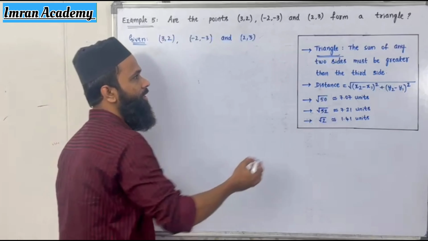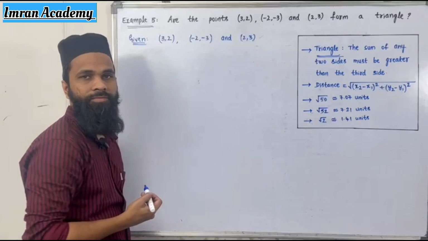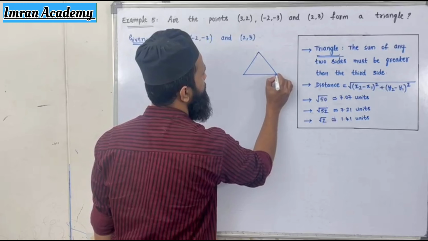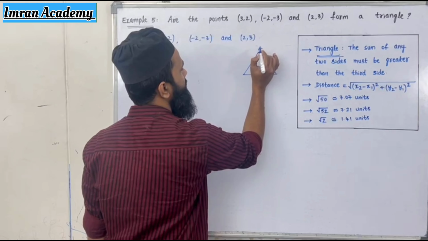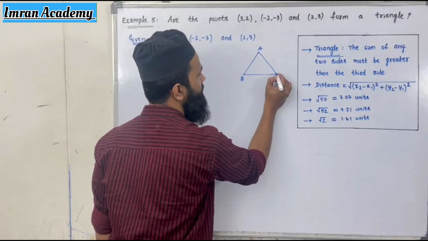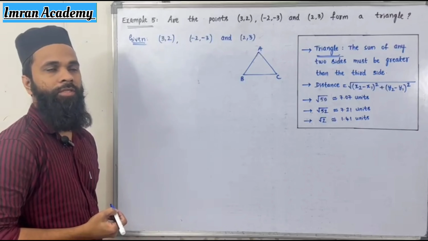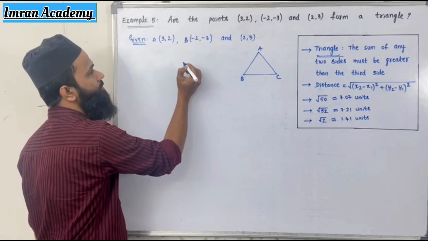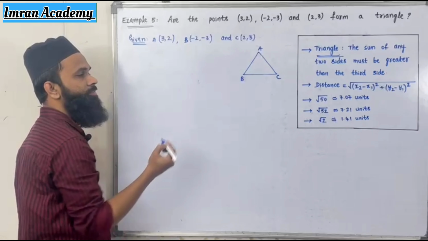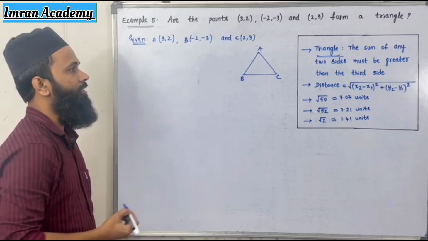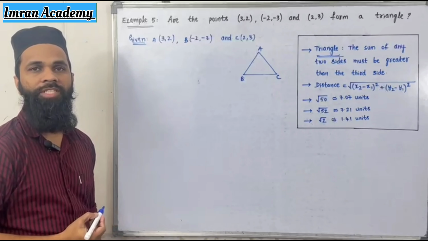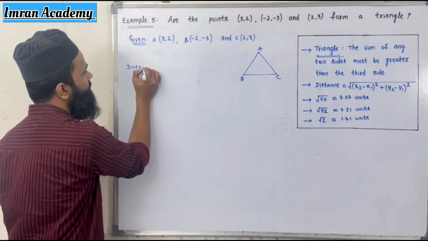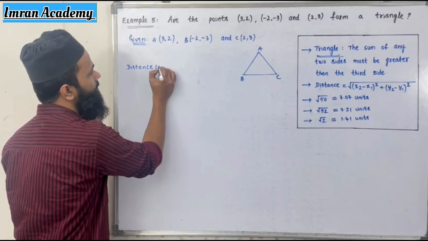Here we draw a triangle A, B, C. Let the points be A, B, C. Here we find AB, that is, distance AB.